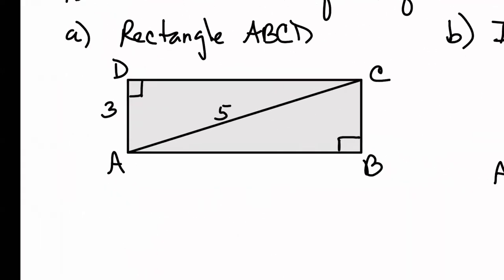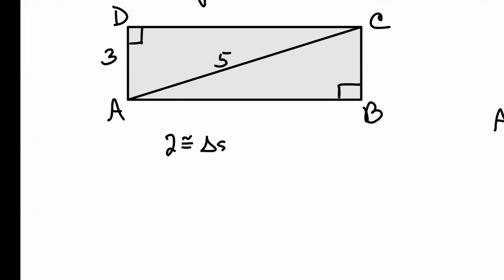We have two congruent triangles, which means that triangle ADC is congruent to, it really doesn't matter what we call it as long as the B is in the middle, I'll say CBA.